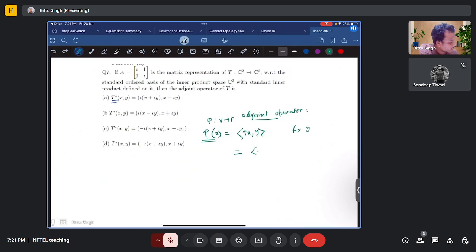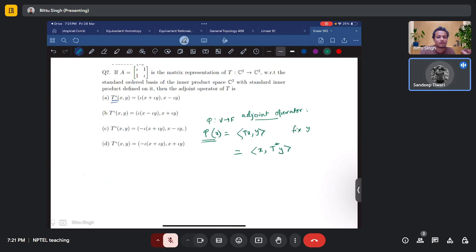So it can be written as x comma some w, where w belongs to V. So for every y we are associating some w, and the interesting thing is that this association is itself a linear transformation. That's why we will write a linear transformation T star y.